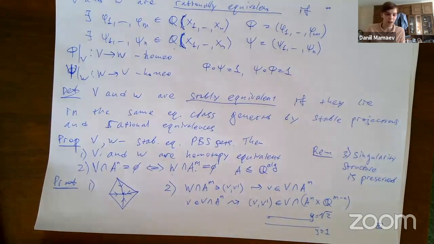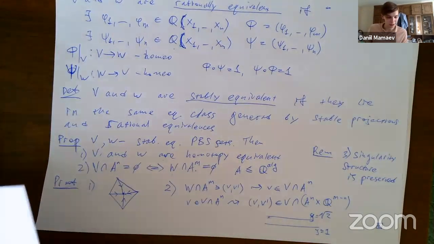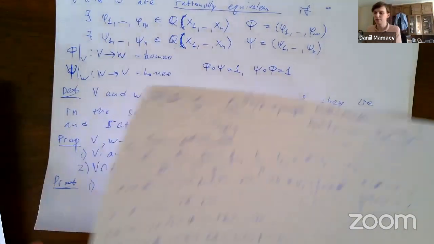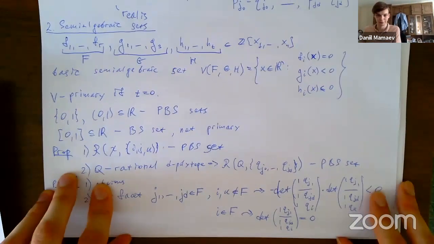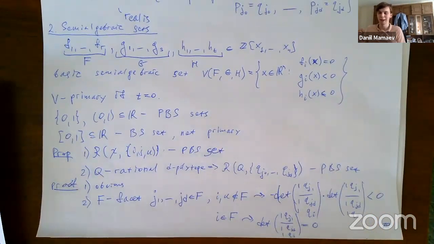Yeah, okay. Sorry, all our semi-algebraic sets are already defined over integers. So all the equivalences we consider should also be defined over integers or rational numbers.